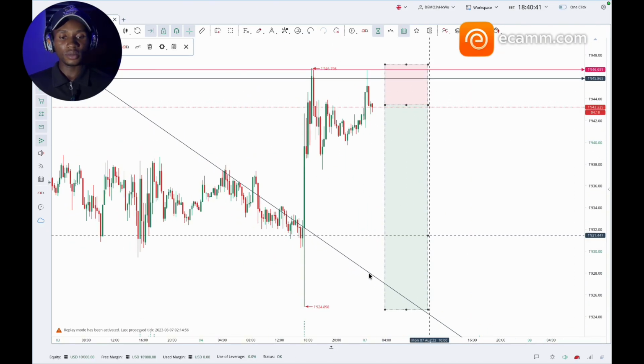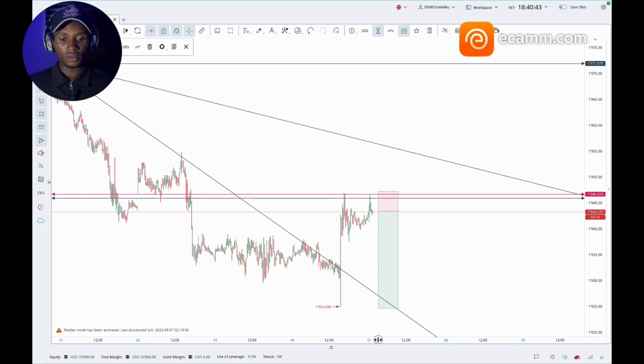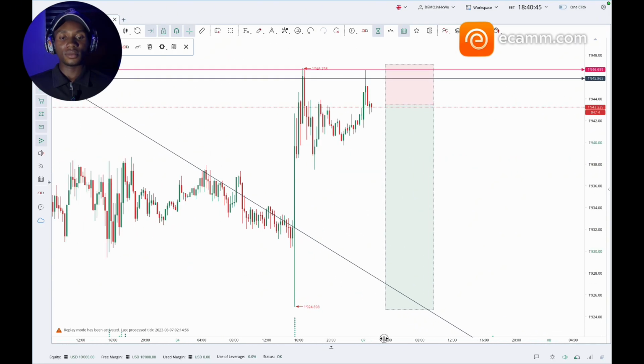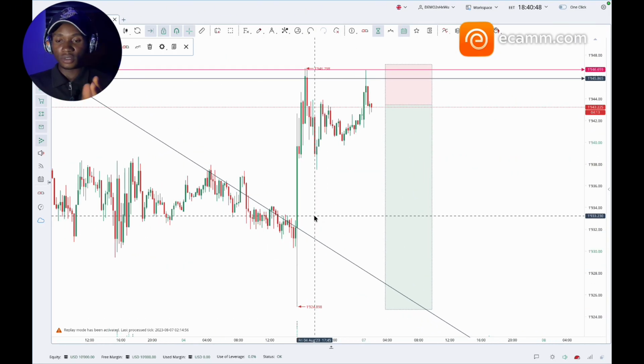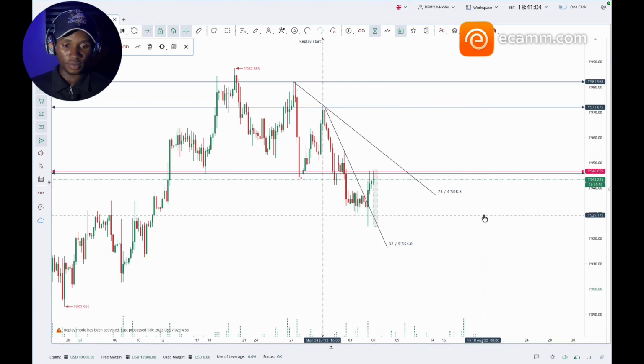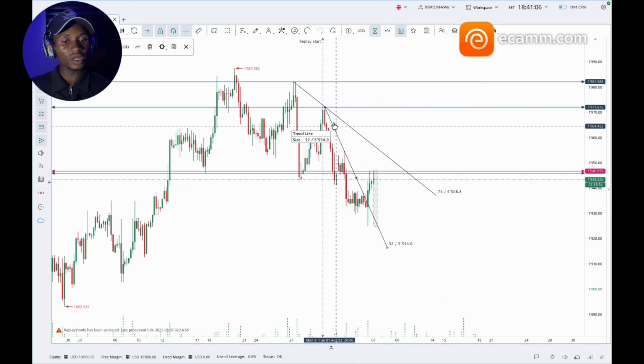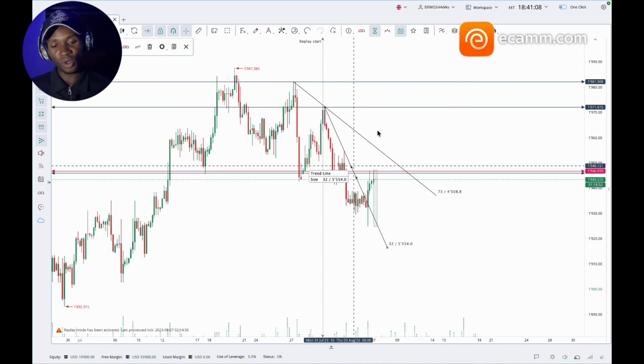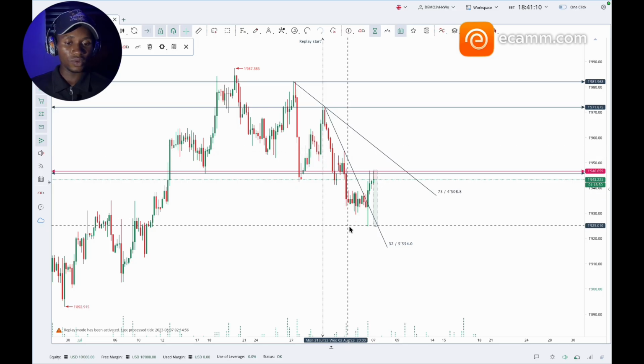Okay, so let's see how this plays out. You clearly understand what we did now. We went to the higher time frame, which is the 4 hour, to analyze the market. We saw that this was a downtrend. Then we drew our trend line and waited for the market to get to our zone. You can see it here in the 4 hour. We drew this trend line. We saw that this market is not coming back here. You can see it came here, it went down.